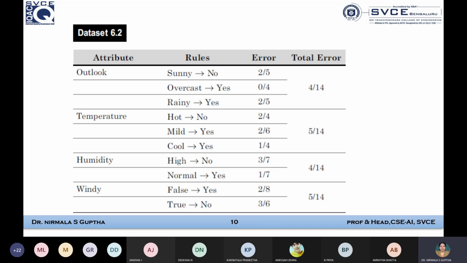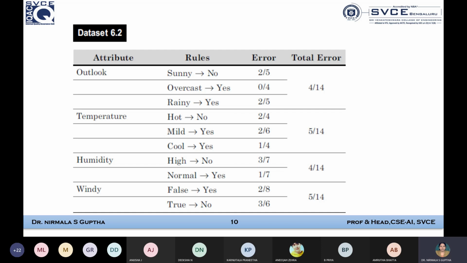Now all the numerators you add, 2 plus 0 plus 2, 4. 4 divided by 14, we have got as the total error. Any doubt in this? No doubt, ma'am. But how do we justify this as an answer? As a concept, how do we say that? Why is it 4 by 14? Yesterday I explained even this.